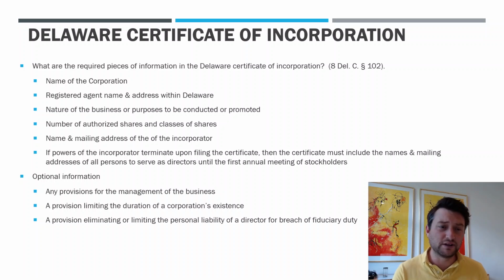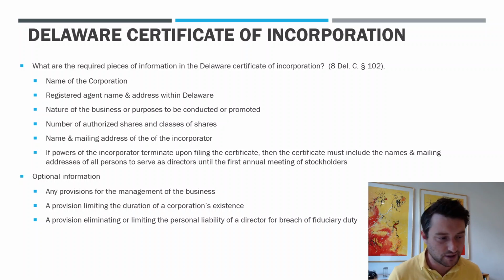Typically the verbiage is that the nature of the business to be conducted is for any and all lawful purposes or activities, something to that effect. Basically you're saying this entity can do whatever it wants as long as it's within the bounds of the law.